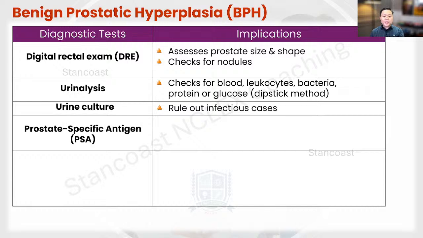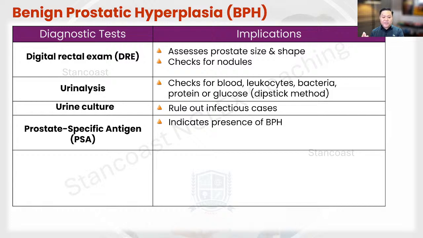Now, we're also going to talk about the prostate-specific antigen, or the PSA. Even though BPH does not really cause prostate cancer, I just want to emphasize this, that BPH does not cause prostate cancer. But men that are at risk for BPH should also be screened for prostate cancer because of the close affinity between the two.